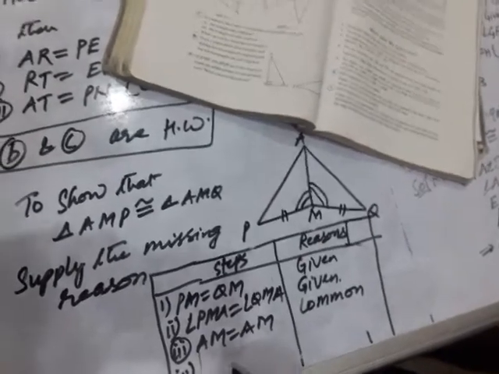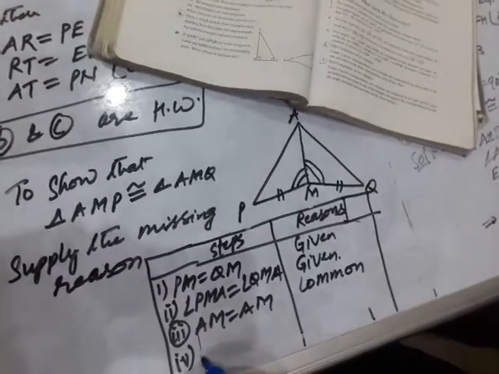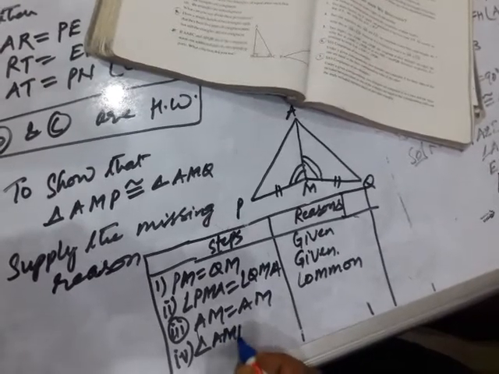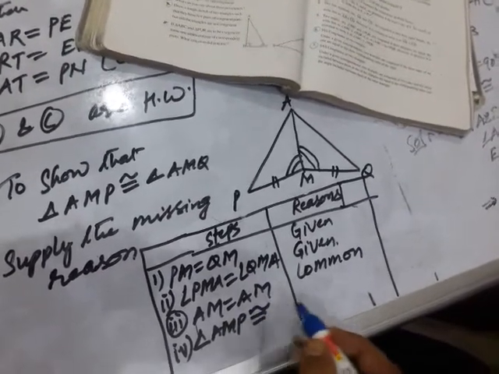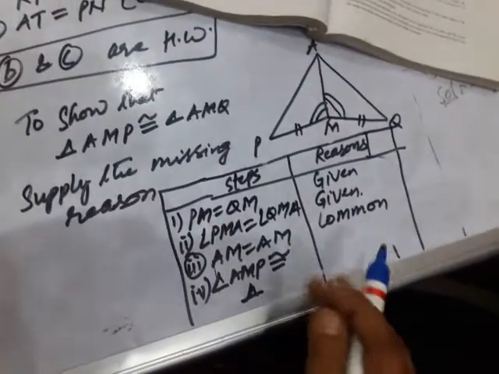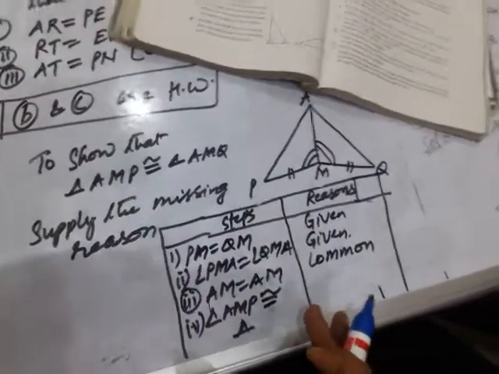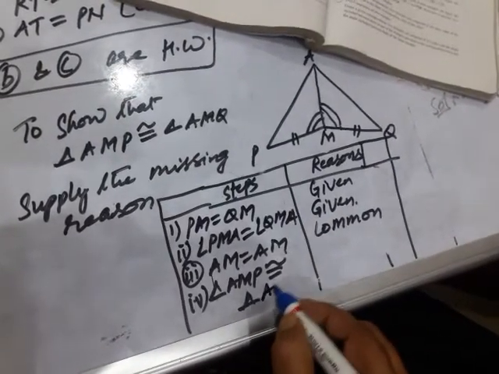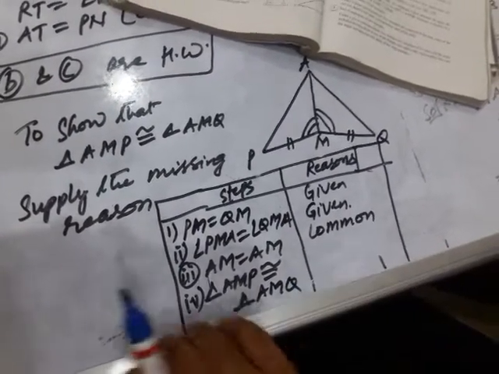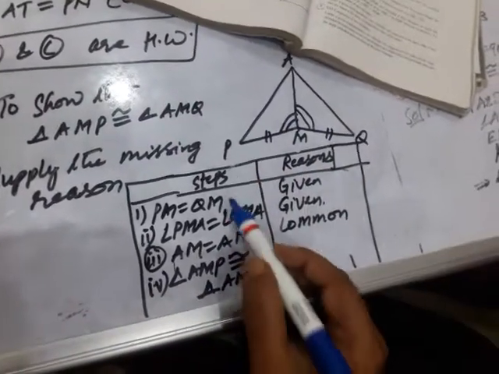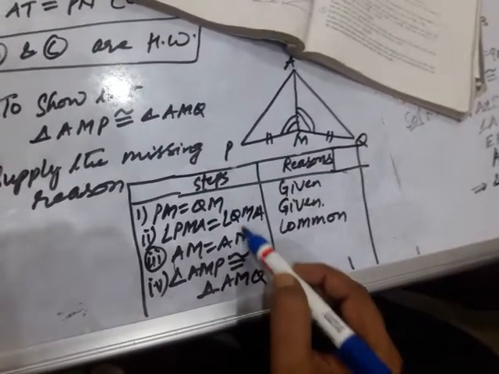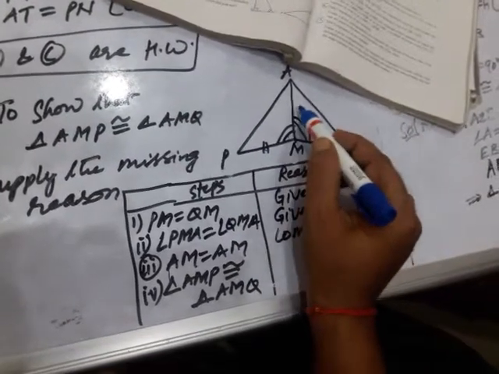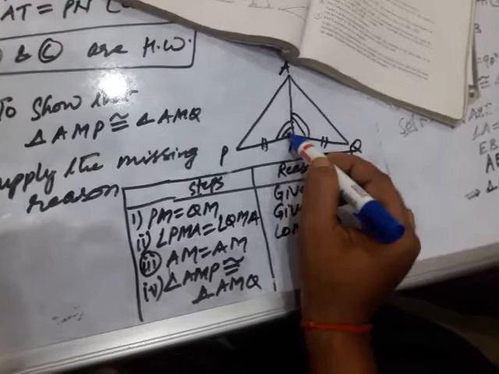That is the fourth step. This implies that triangle AMP is congruent to triangle AMQ. Now see, children, using these things, this side, this angle, this side, side, angle, side, means SAS.